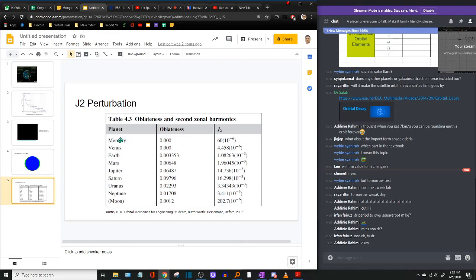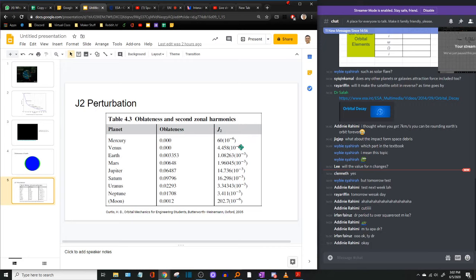J2 is a number. For different planets, you're going to have different obliqueness. For example, for Mercury and Venus, it's good enough to assume that the whole planet is really spherical. It's not unfair to say it's nearly spherical, but I would say the obliqueness is zero.